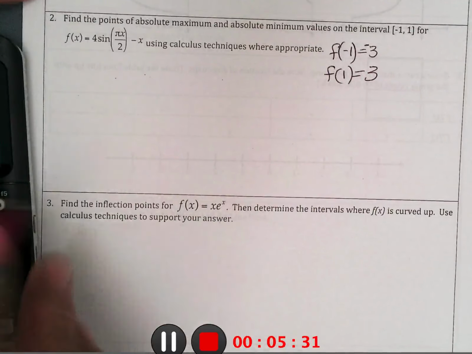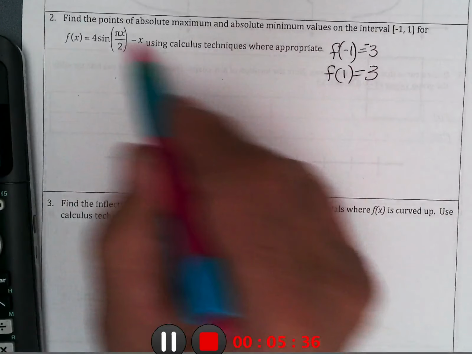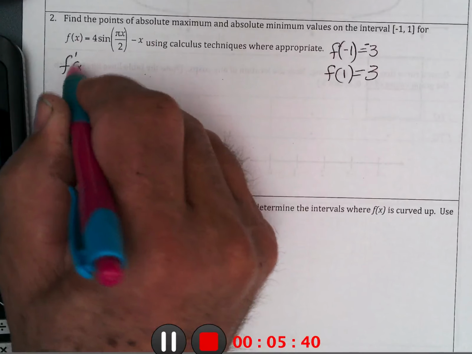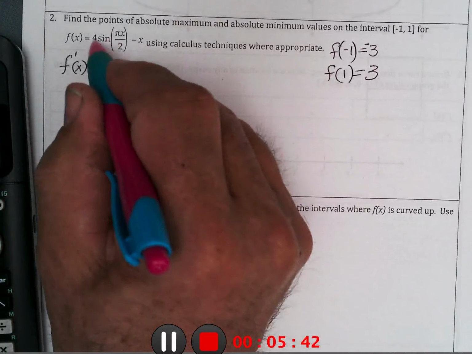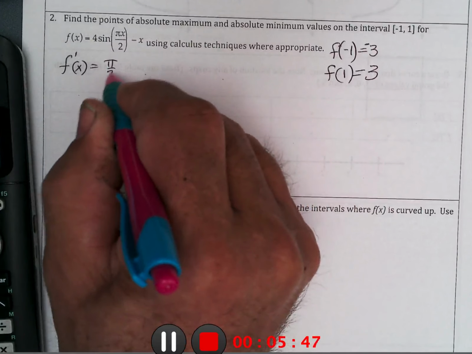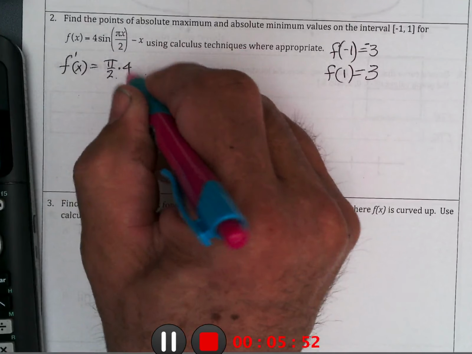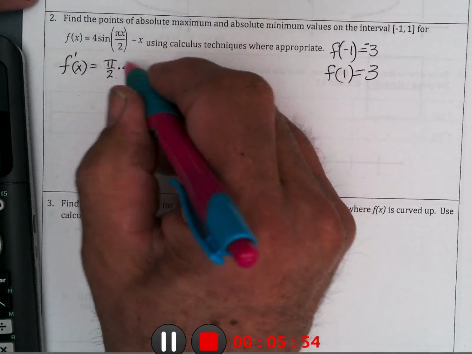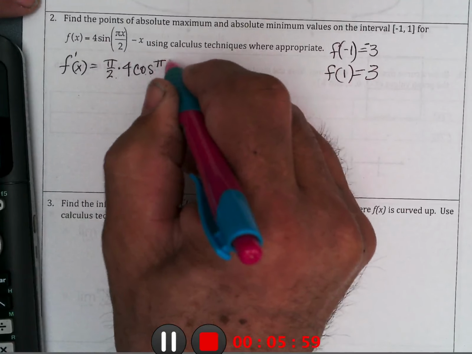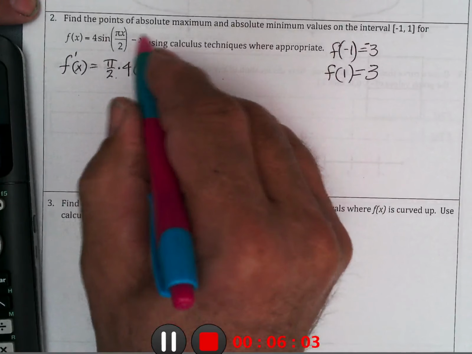And now I've got to find the critical places. So I've got to take the derivative. And that would be the derivative of the inside is pi over 2 times 4. Derivative of the bigger picture is cosine pi x over 2 minus the derivative of x is -1.